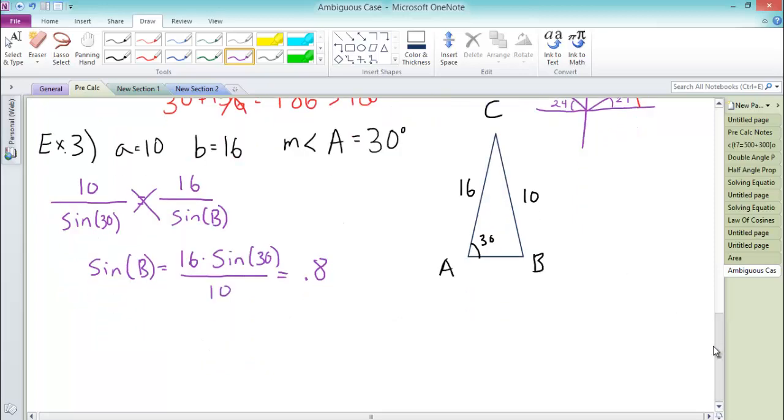Now, the sine of B is equal to 0.8. Well, we take the arcsine of both sides and we get B, or the measure of angle B, is equal to the arcsine of 0.8, which my calculator will tell me is approximately equal to 53 degrees.